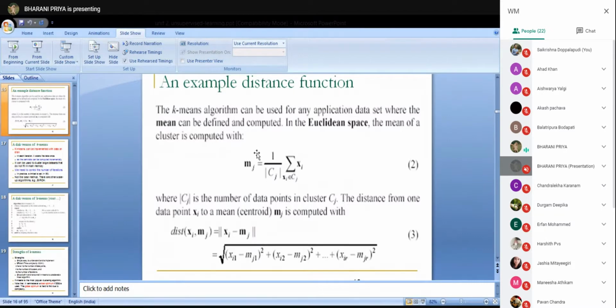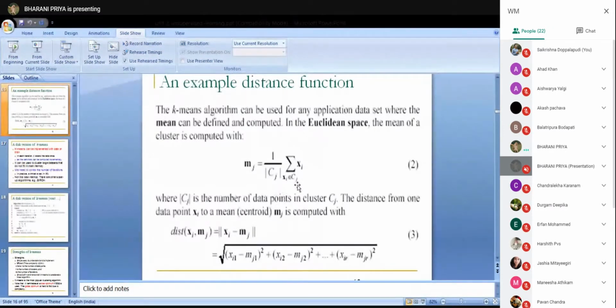The k-means algorithm is used for any applications where the mean can be defined. So the mean is given by the sum of all the data points for a given cluster Cj divided by the number of documents.